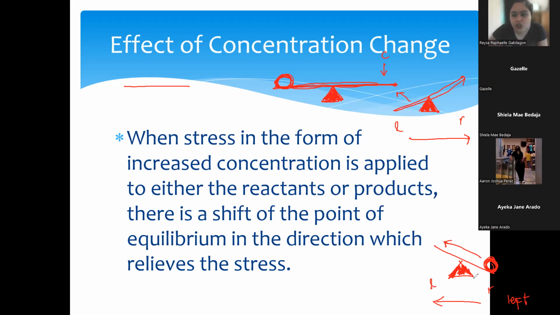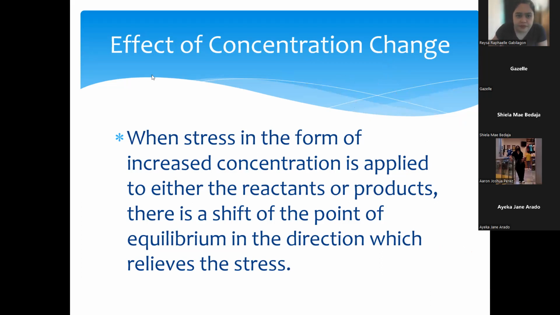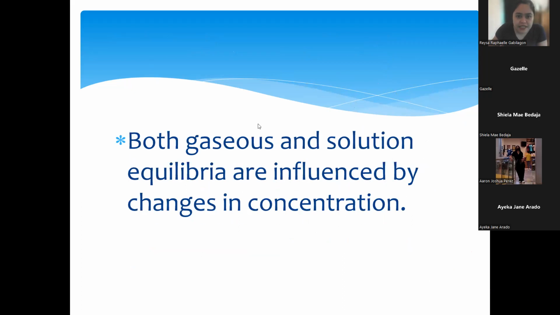So the reaction will favor the backward reaction. Para again, mabalik siya as balanced. Okay? So, kung na-confuse kayo with the concentration class, pwede kayo mag-draw ng siso para mas madali sa inyo.